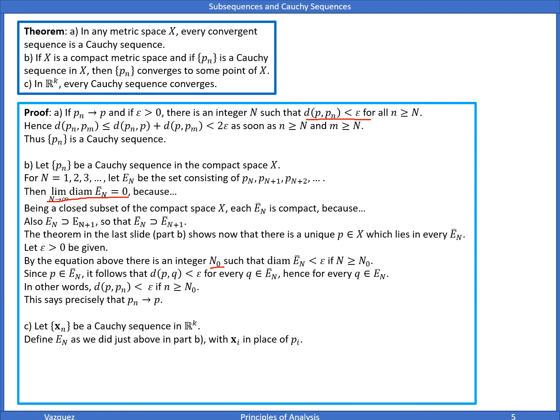So we're going to define E sub n as we did above in part B. Let me erase here because I'm just saying stuff and not really pointing out. So we're defining E as we did over here, E sub n consisting of all those points. But instead of P sub i, we get the X sub i's.